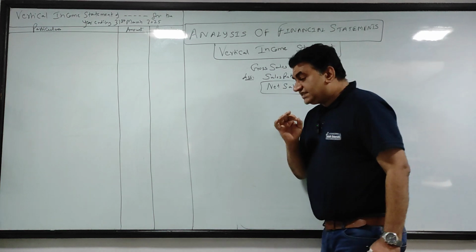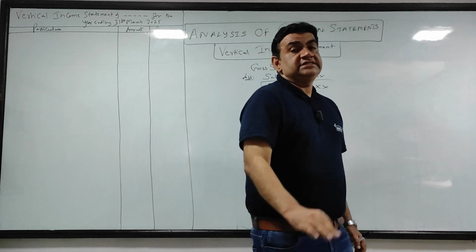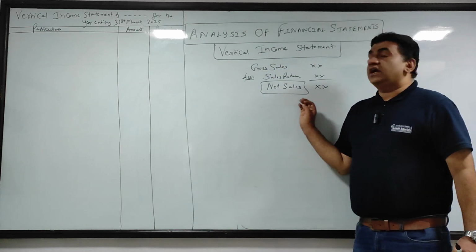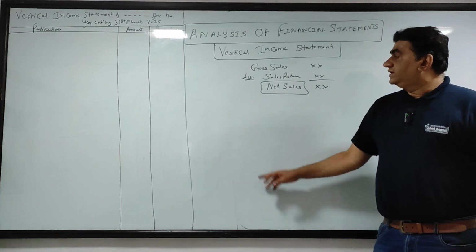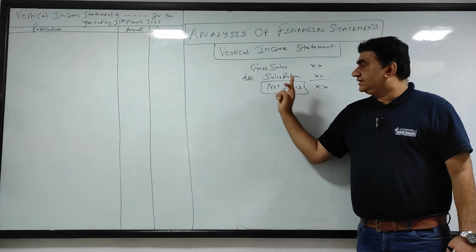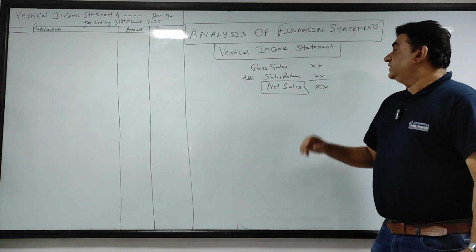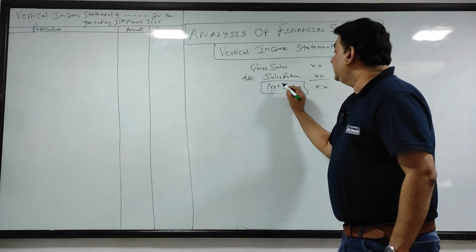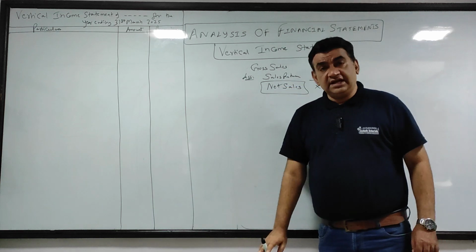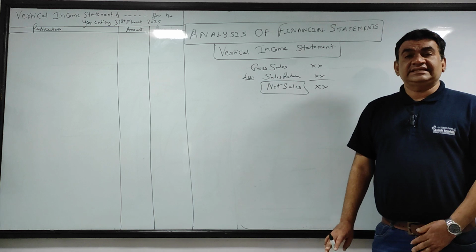So if returns are there, write gross sales less sales return, difference net sales. And if returns are not there, it will straight away start with net sales. Clear? So your income statement starts with net sales.